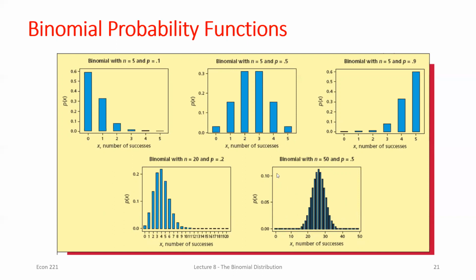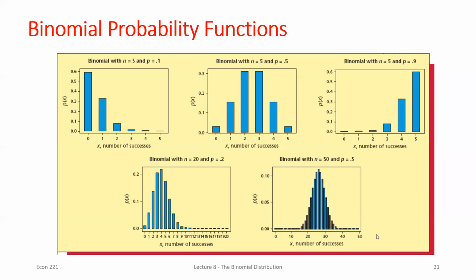Notice here, the most likely outcome had a probability of occurring of about 0.12 or something. When I only had 5 possible outcomes, the most likely outcome had a probability of occurring of 0.6, right? So adding in a higher number of possible successes just reduces the probability I could see for every possible outcome. Right? But same kind of story. As I move away from that expected value, the probabilities decline.